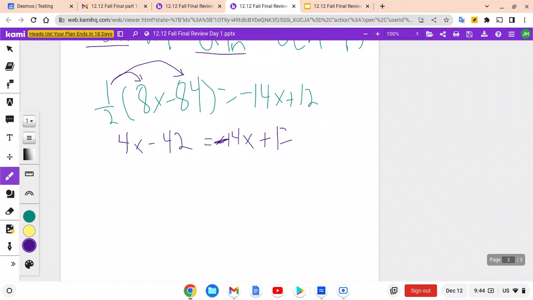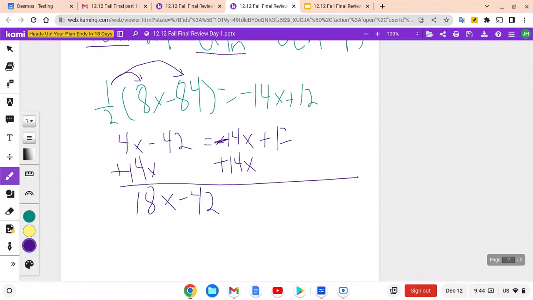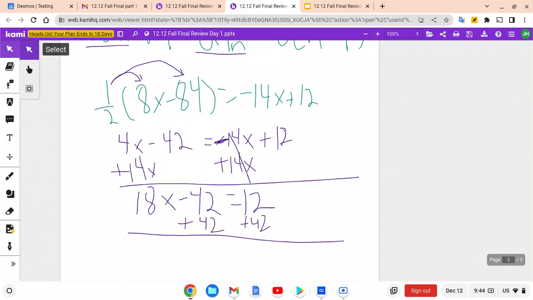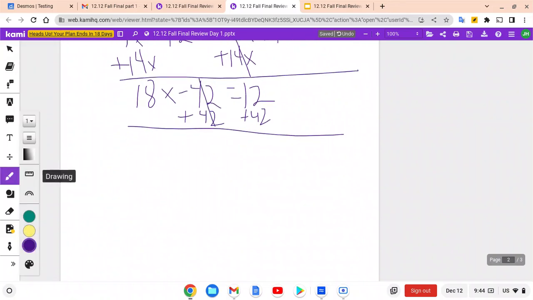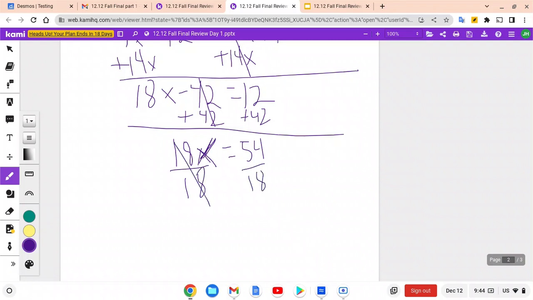Adding 14x to both sides, that's 18x minus 42 equals 12. Adding 42 to both sides gives me 18x equals 54. Divided by 18, x equals 3 is the answer.